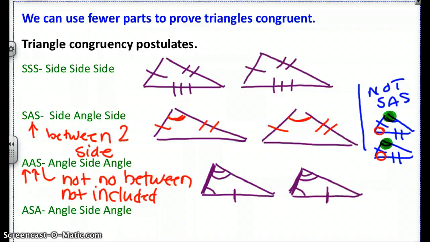The last postulate we have is called angle, side, angle. That's where you have 2 angles and then the side has to be between the two angles, or included.